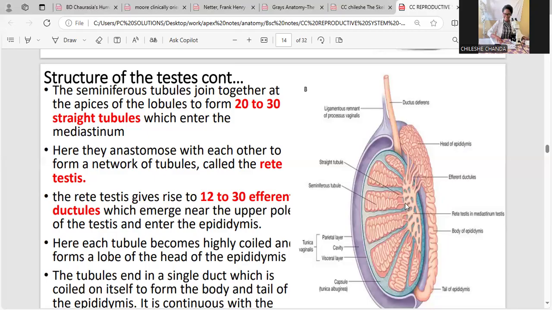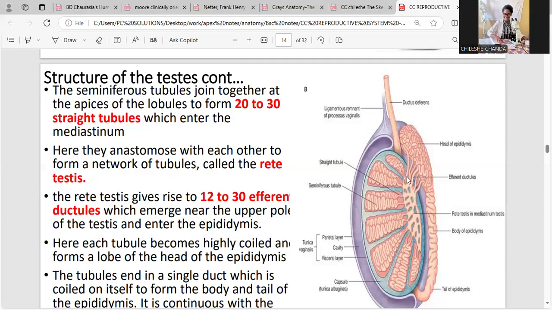They will connect and connect and form about 20 to 30 straight tubules. And then after that, they anastomose, meaning they join together in a mesh-like way, such that you may not be able to distinguish which one came from which lobule.